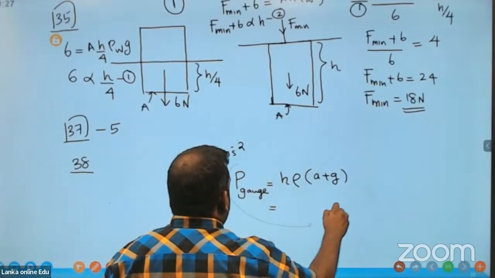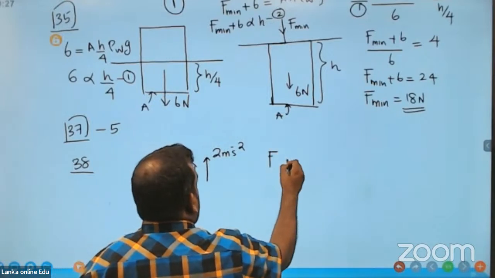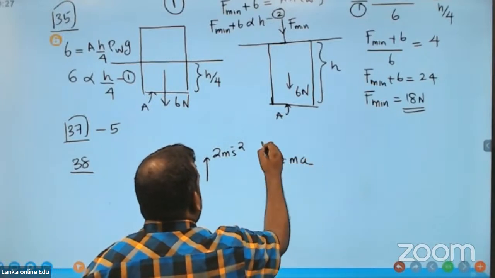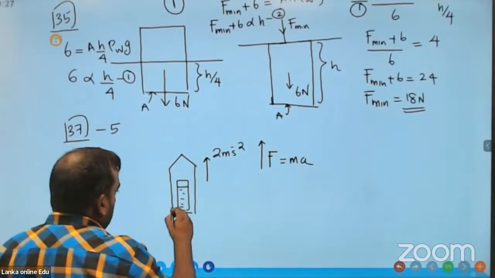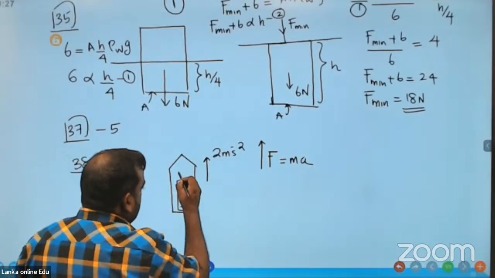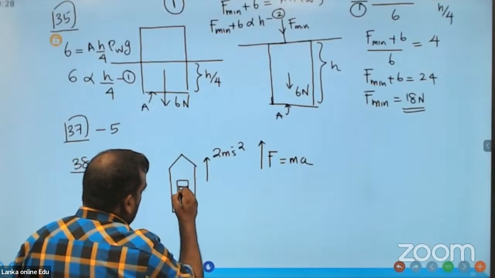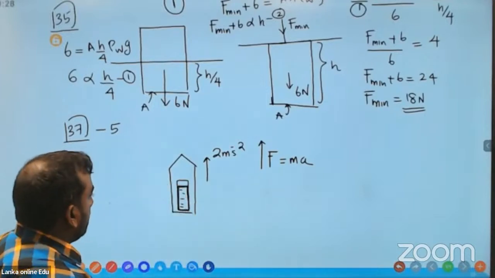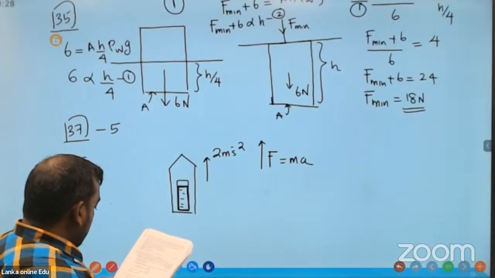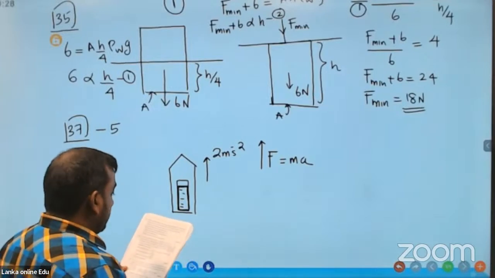Let's do the basic calculation, right? So if you apply F equals ma in the upward direction, these are accelerating upwards. You have weight of the liquid here. It's also accelerating upwards. The weight of the liquid is acting downwards.